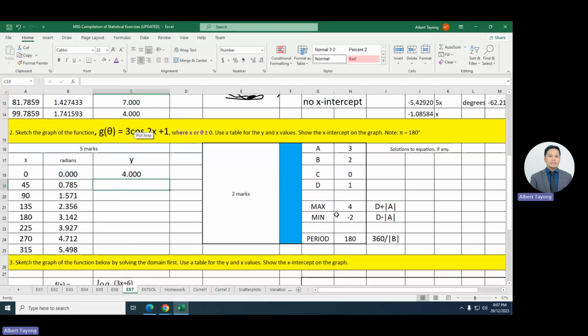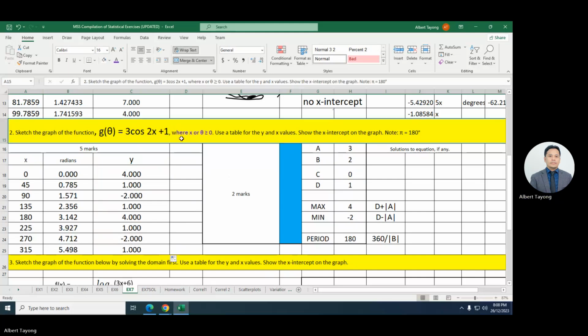Yes. What is our maximum here? 4. Drag it down. What is the minimum? Negative 2. Because C is 0. If C is 0, we just start with 0, and then we can also have negative, but because we don't have open and close, this means 2x plus 0.